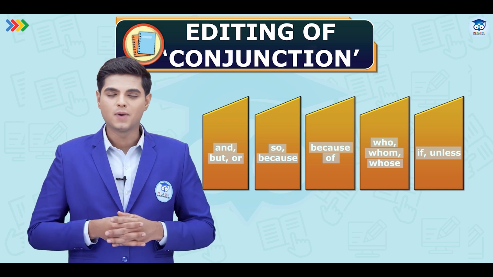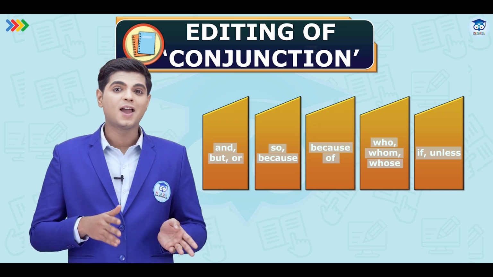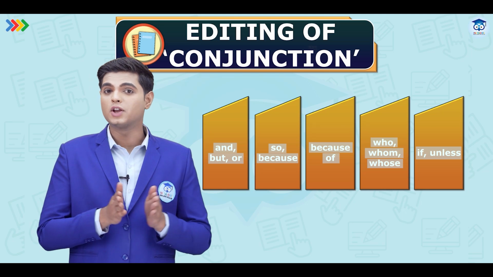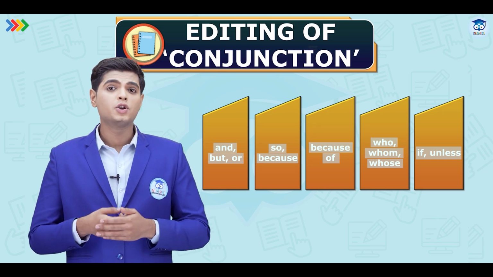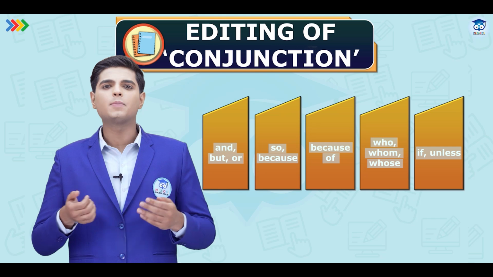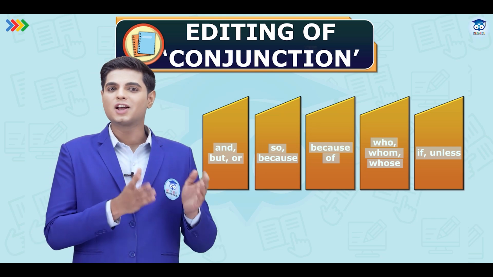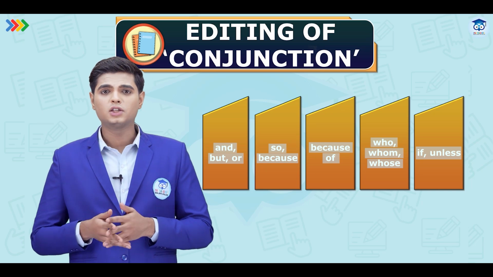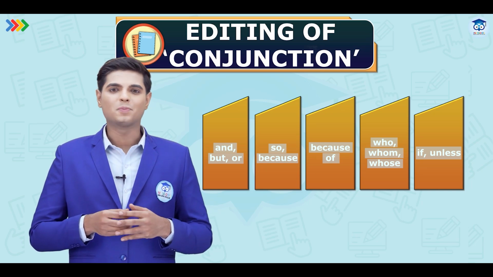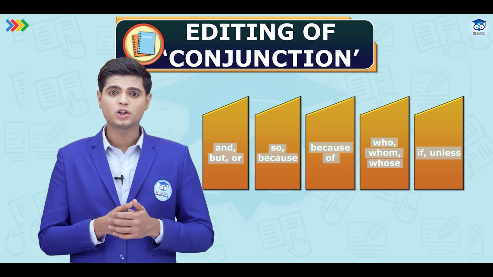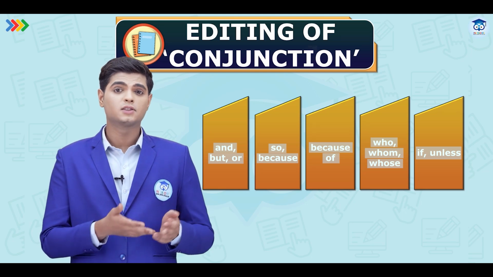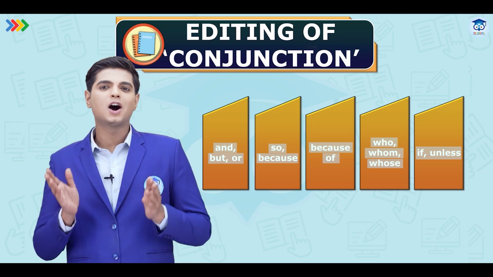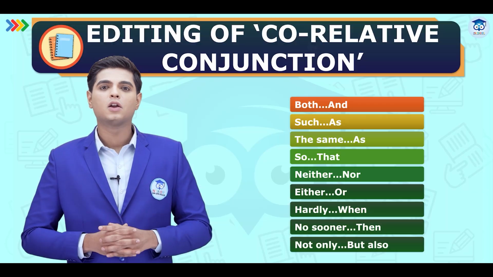For example, you might say, I like tea and coffee, showing that you enjoy drinking both. Or, she was tired, but she kept working, which connects contrasting ideas. Another example is, you can choose coffee or tea, giving a choice between two options. Using these conjunctions correctly helps your sentences flow logically and makes your ideas easy to understand.